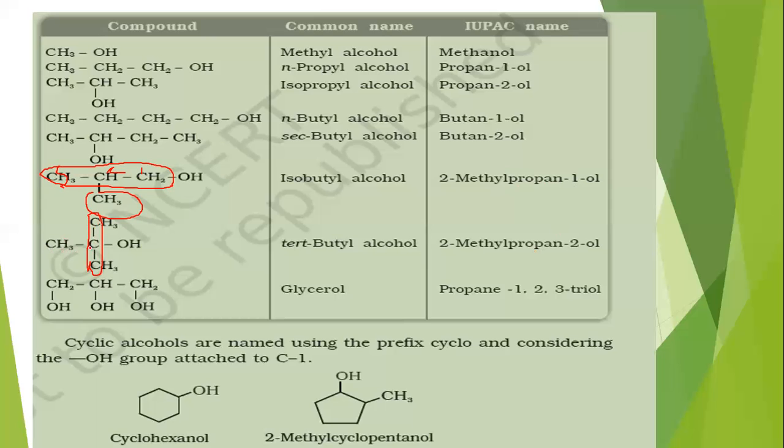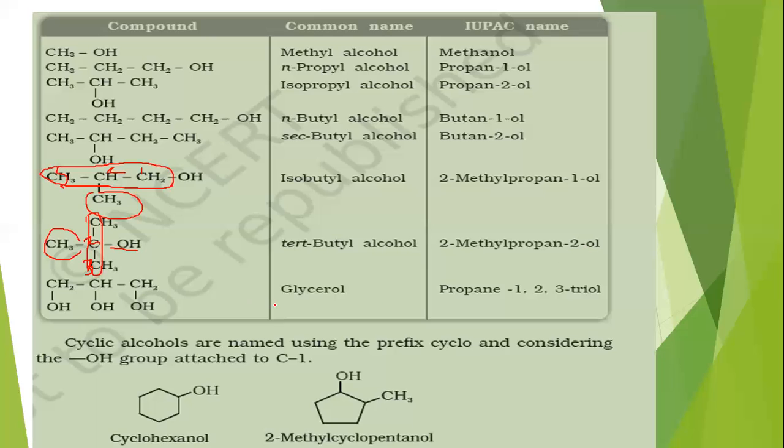In this chain, OH is present at this carbon, so this is first, this is second, this is third carbon. OH is present at the second carbon, and at this second carbon, the methyl group branch is also present. So 2-methyl propan-2-ol.